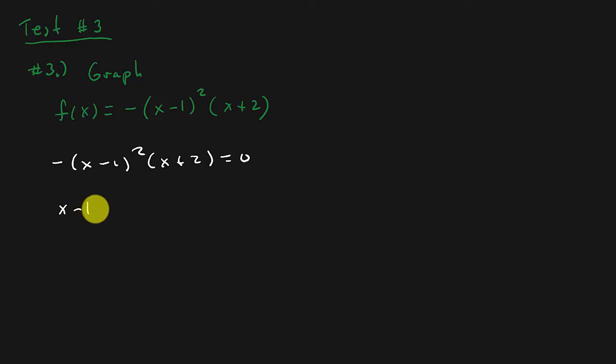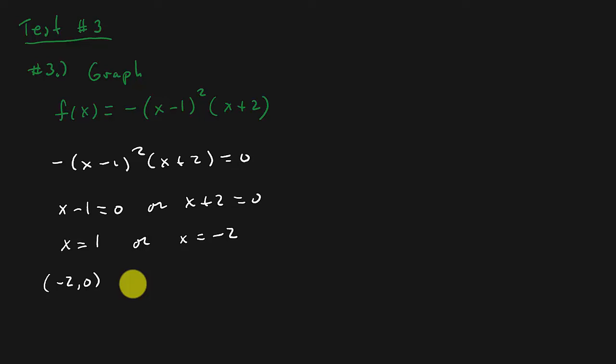Well, that's when x minus 1 equals 0 or x plus 2 equals 0. And so x equals 1 or x equals negative 2. So these are your x-intercepts at (negative 2, 0) and at (1, 0).